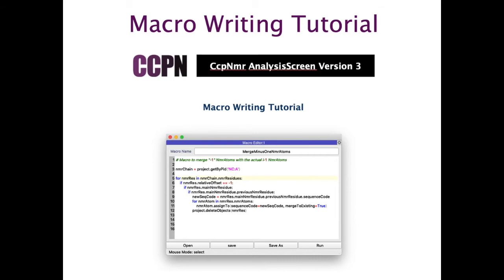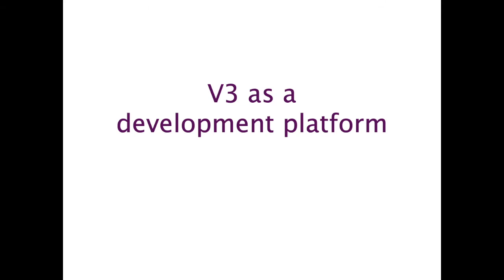But at that point we're starting to get to the point where actually you're moving from not being a macro, but you're starting to use version 3 as a development platform, starting to develop nearly your own program. So this part of the talk really is aimed at people who are starting to write their own programs to analyse NMR data.